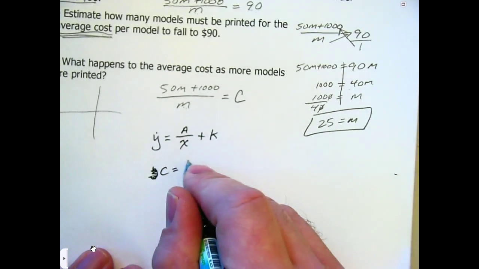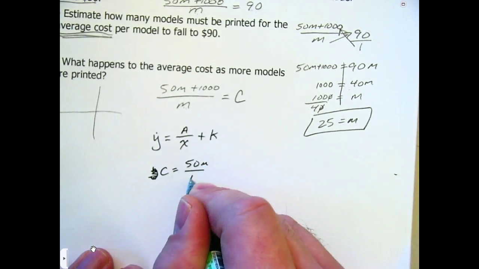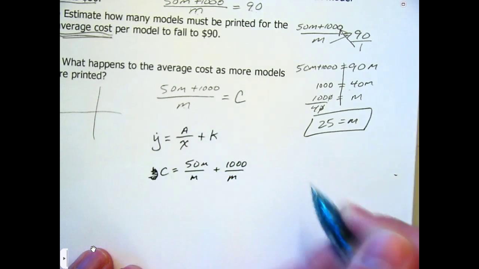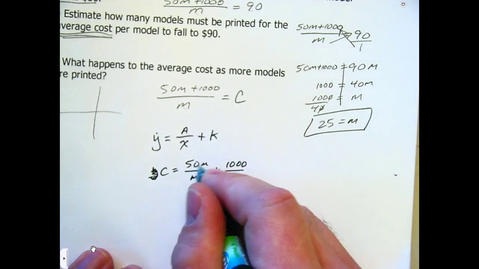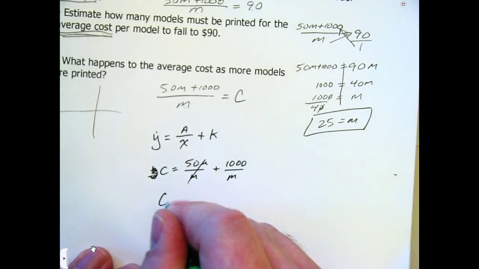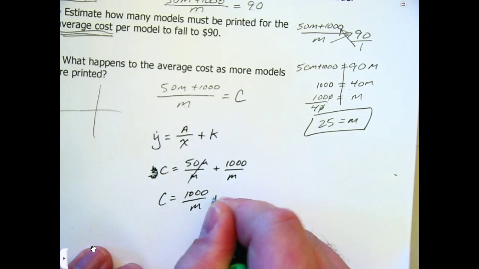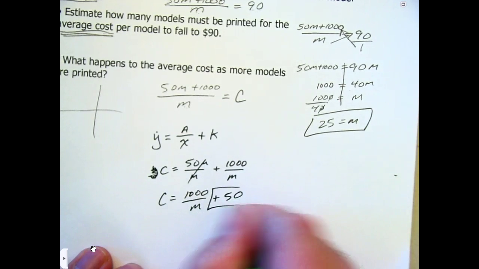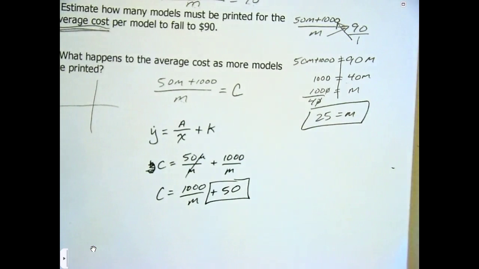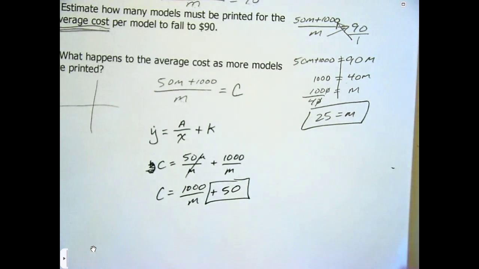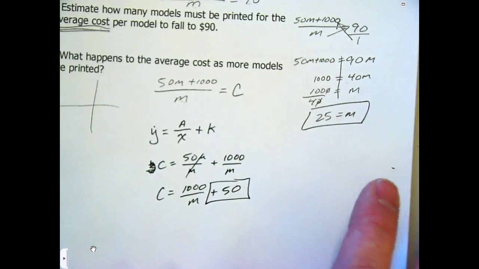You take the 50m and divide it by m, plus 1,000 and divide it by m, you get 1,000 over m plus 50. That is your k value. That is the asymptote you're approaching, which would have been much faster than what we did on the calculator. Just so you know. We're going to be doing that today with our equations.